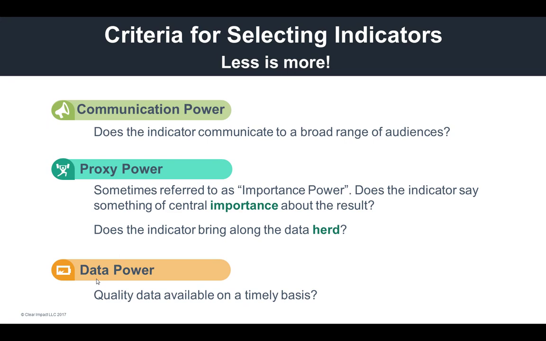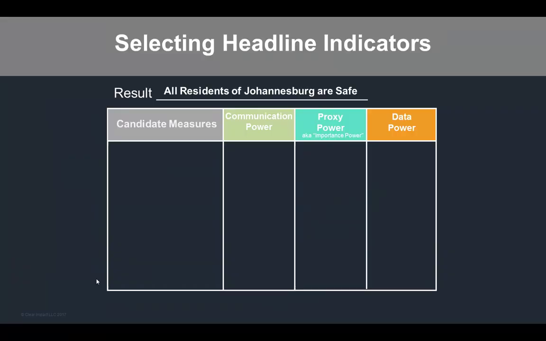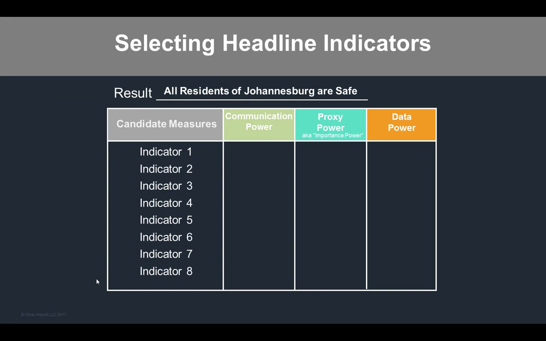And then what about data power? The power is defined by asking, do we have quality data available on a timely basis and for the targeted population in the targeted geographic area? So we should choose our headline indicators by assigning a value to each of our criteria of communication power, proxy power, and data power. You can start by listing the candidate indicators.